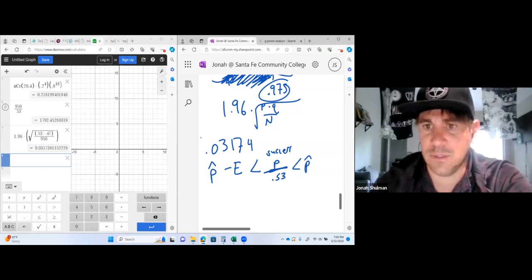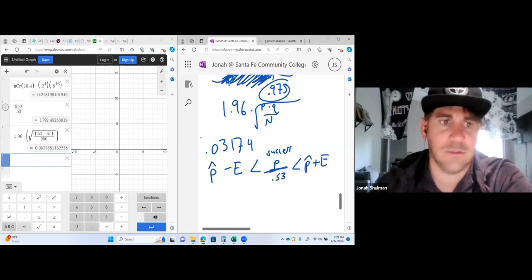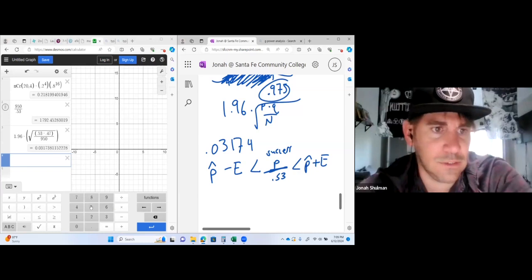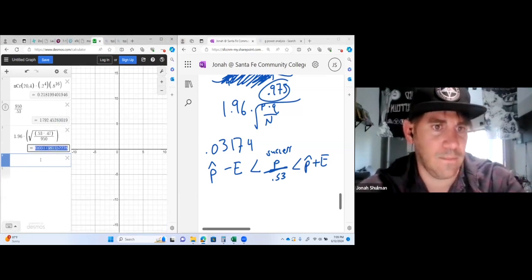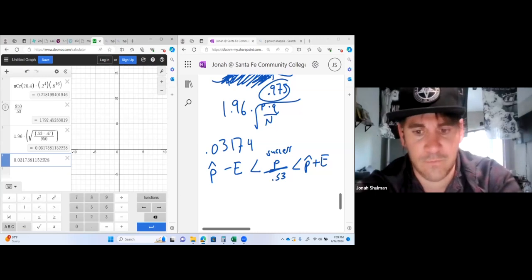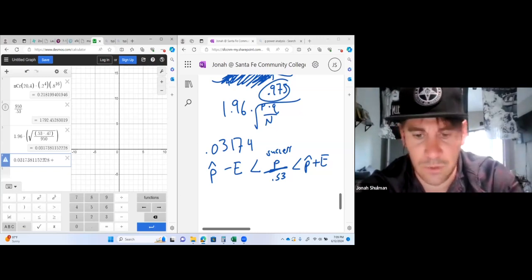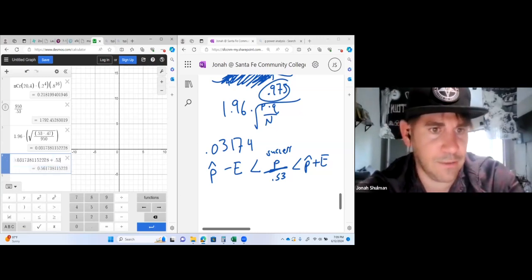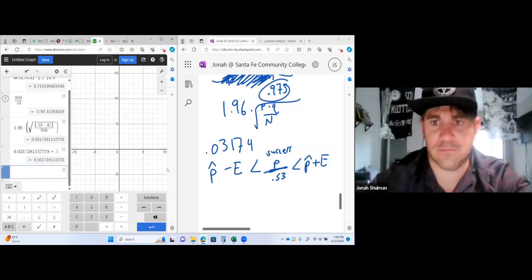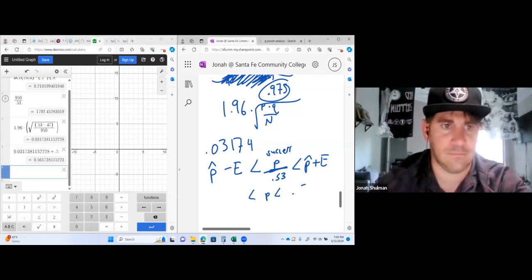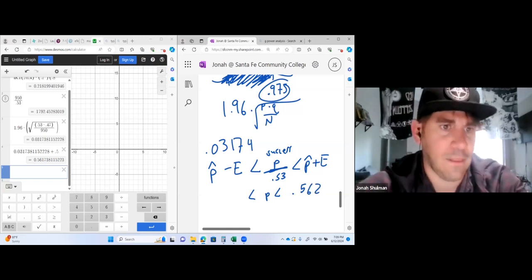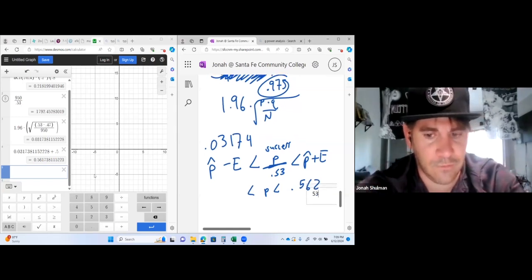And then it's going to be this bit plus the E. So all I have to do is take this value and add it to 0.53. Ta-da!